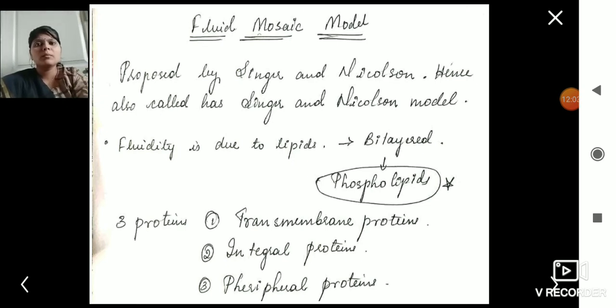The term plasma membrane was proposed by J.K. Paul. The fluidity is due to the lipid bilayer.